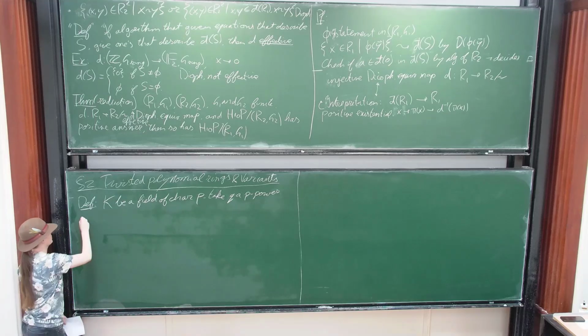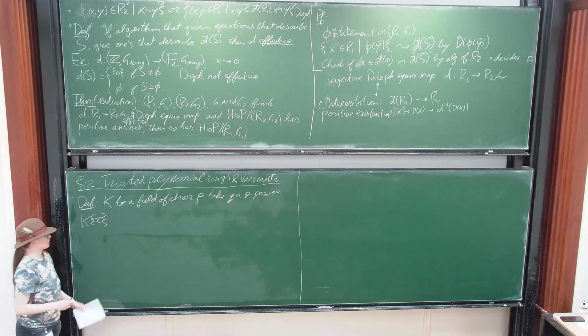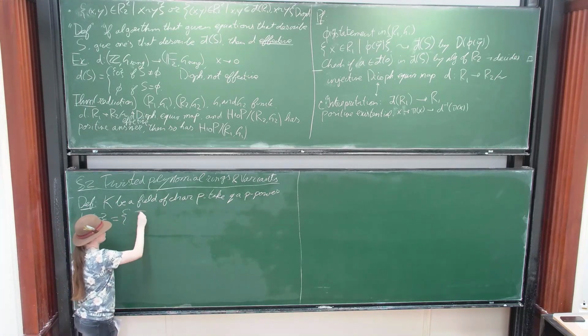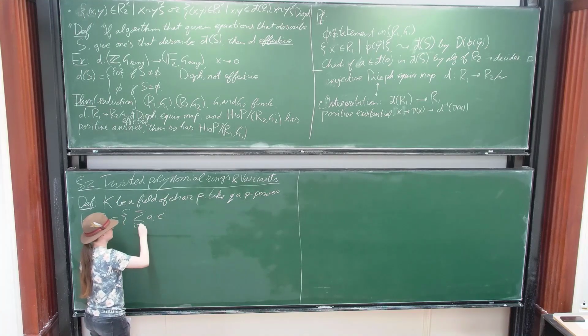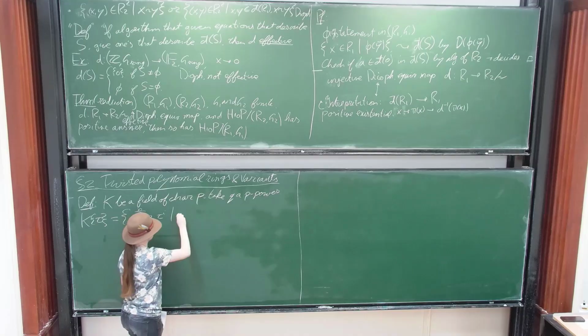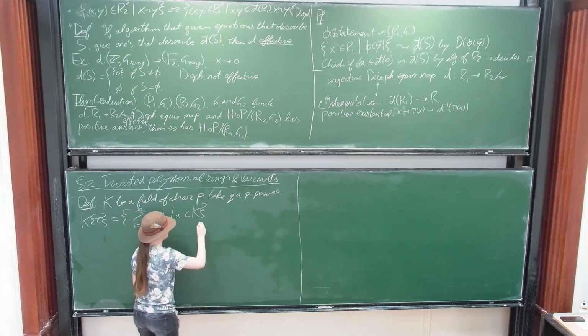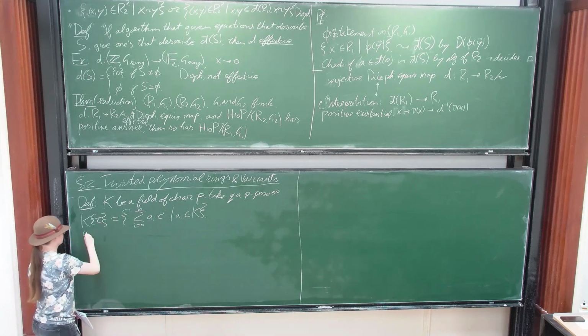Then we will denote the twisted polynomial ring with curly brackets and tau. As I said, it is just your usual polynomials, and we also use the usual addition.